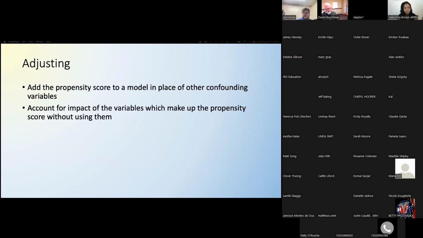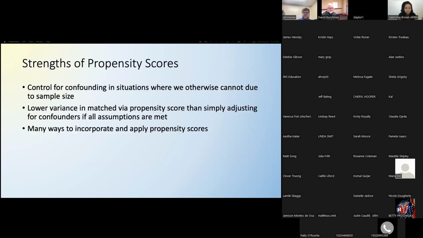So that's a summary of the different ways you could use propensity scores for both study design, in terms of matching, or adjusting an analysis. And for the strengths of propensity scores, it allows us to control for confounding in situations where we can't due to sample size.